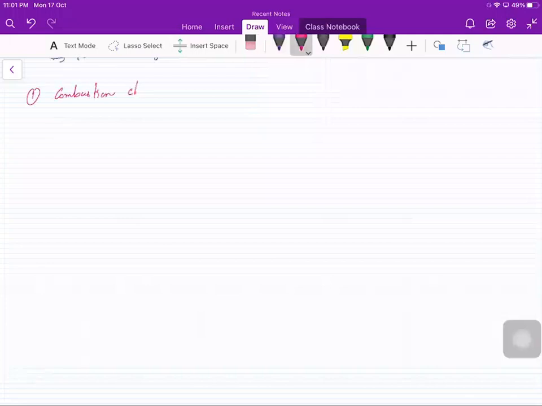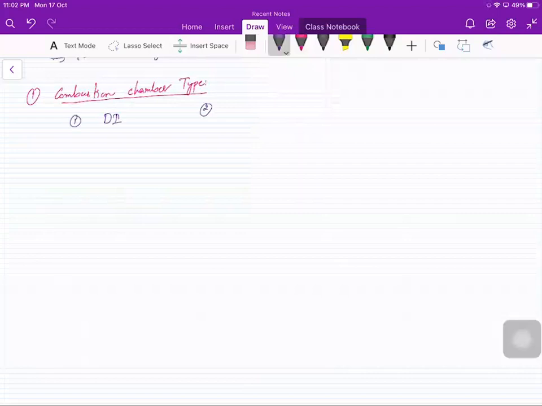Combustion chamber type. In diesel engines, there are two main types of combustion chambers, which we have already seen earlier. If you just recall, the first type is direct injection and the second one is indirect injection.